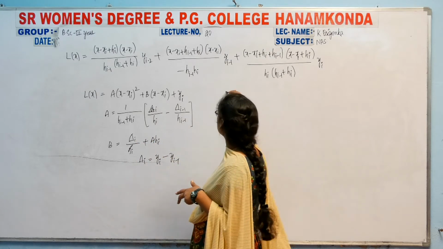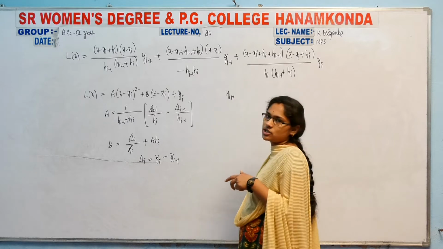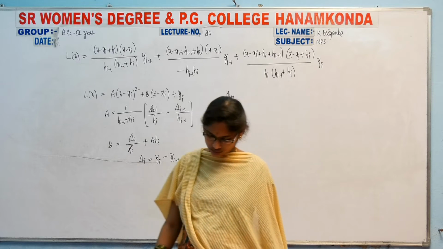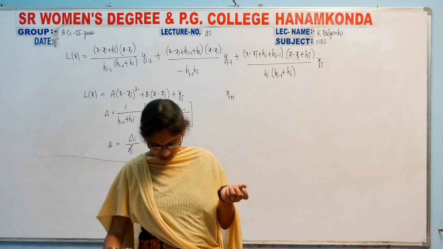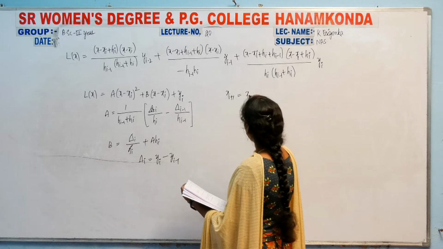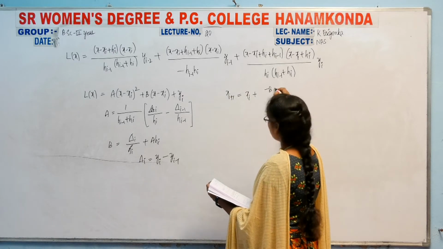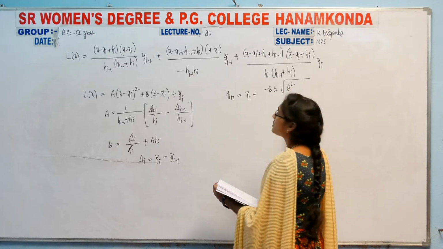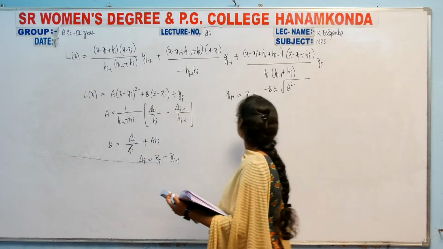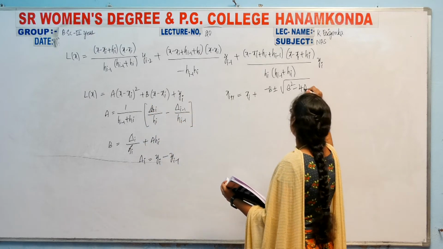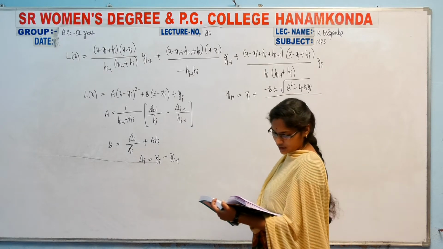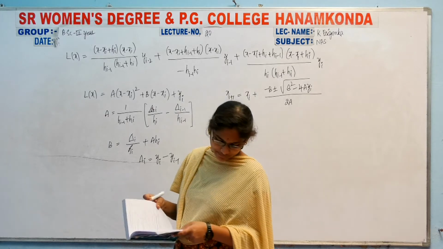On the next iteration, the next approximation xi plus 1 is equal to xi plus or minus ... minus b plus or minus under root of b square minus 4ac, where c means yi, divided by 2a.